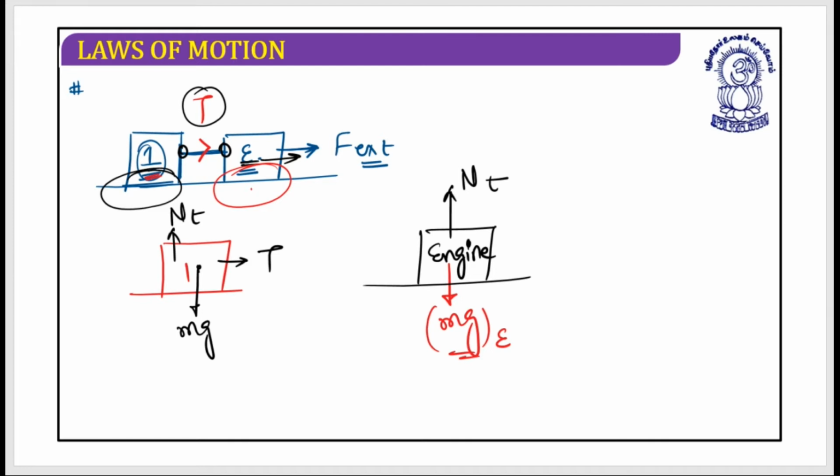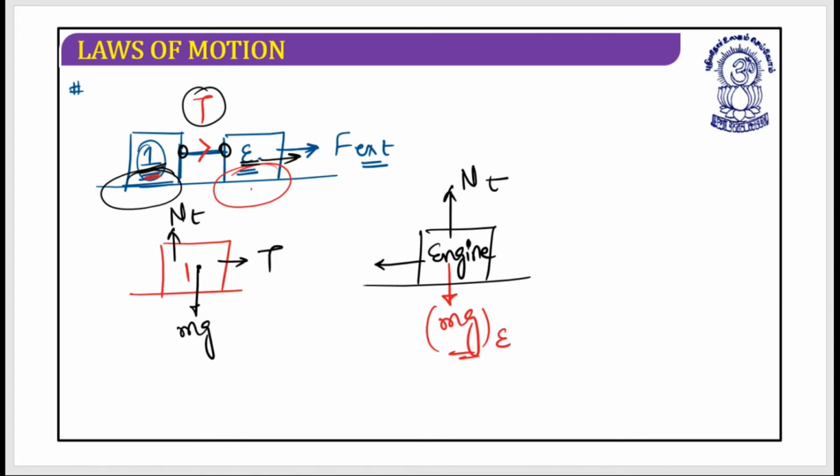Yes. If you understand that this string or wagon 1 has been connected with the engine, then you must understand that even the engine has been connected with wagon 1. And if the engine has been connected with wagon 1, the tension force must be there, and tension always acts away from the system.